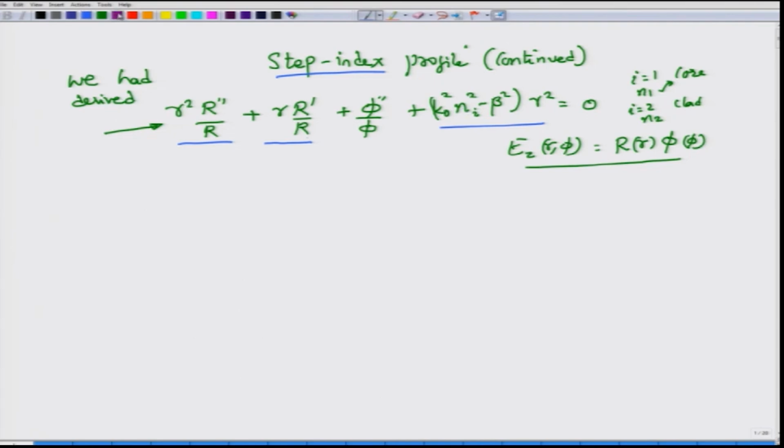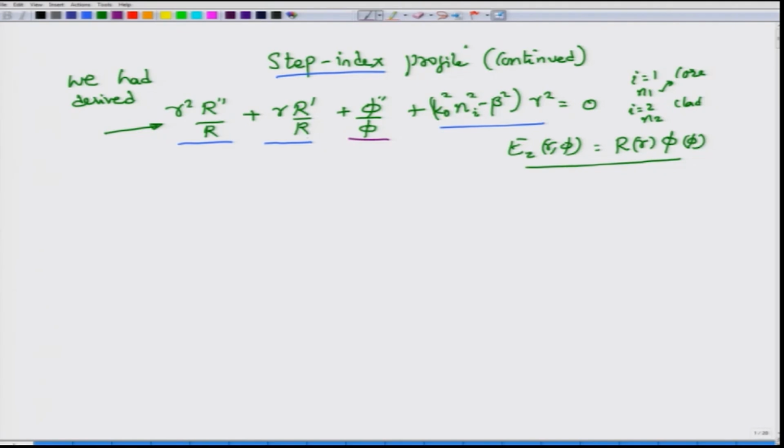Now, this term which I am underlining with a different color is a function only of phi. In arriving at this equation, I have divided everything by r and adjusted the equation such that I get this kind of functional dependence.